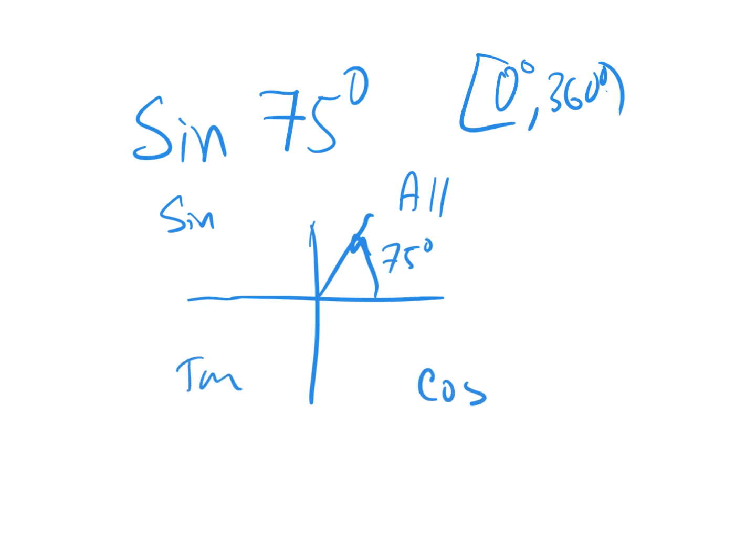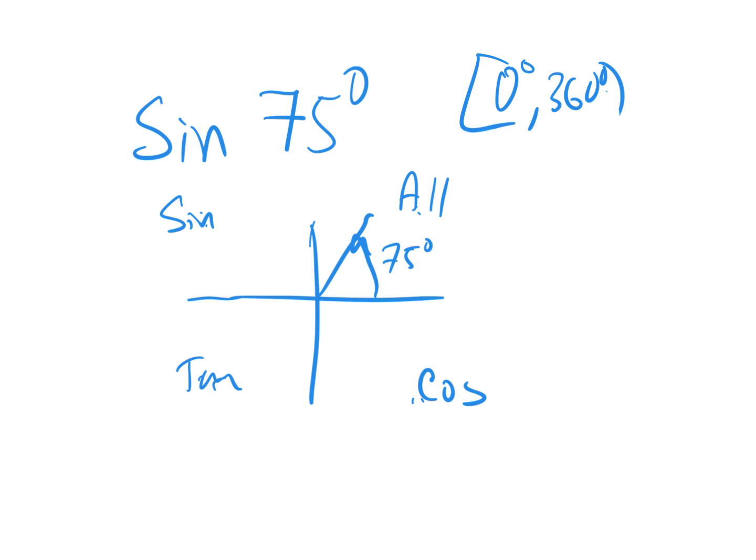Down here, cosine. And if you've watched my other video about this, all students take calculus is a way to remember this. So anyways, that reference angle is 75 degrees, and sine is positive there. So where else in the four quadrants is sine also positive?